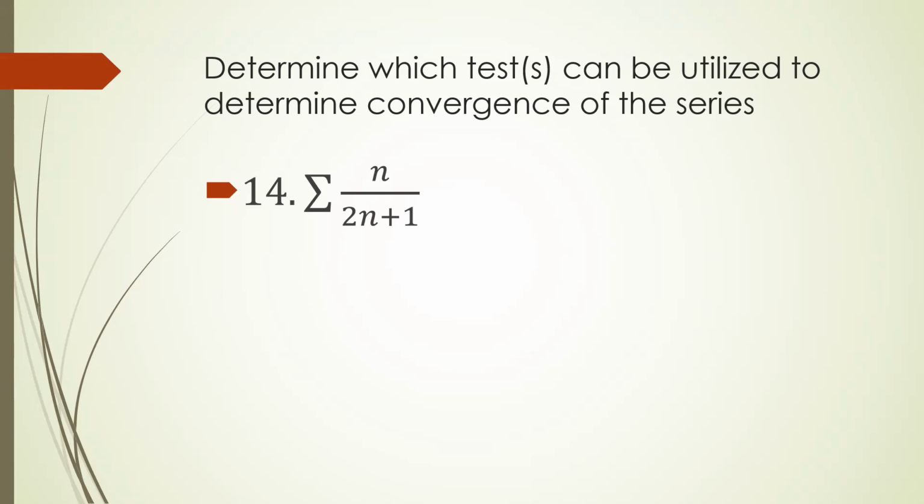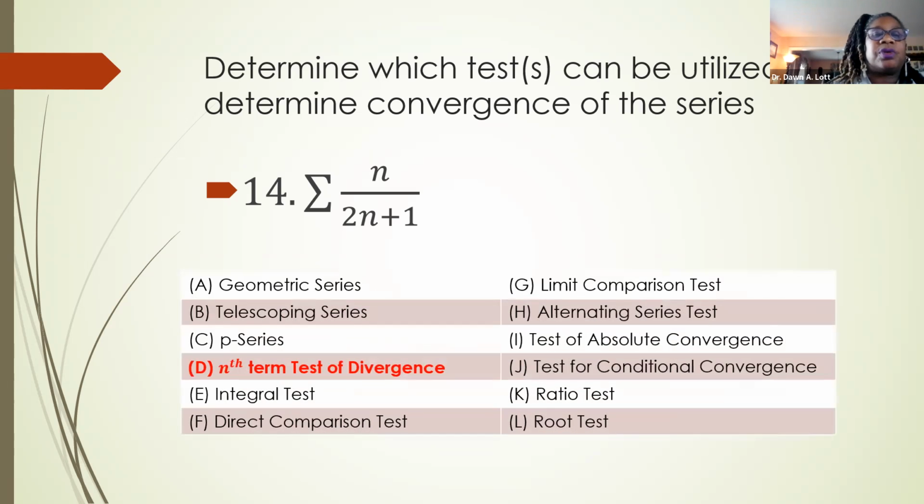L'Hopital's rule. Yeah. What do you get? Just 1 over 2. Good. That limit is a half. It is not equal to 0. That thing diverges by the nth term test of divergence.